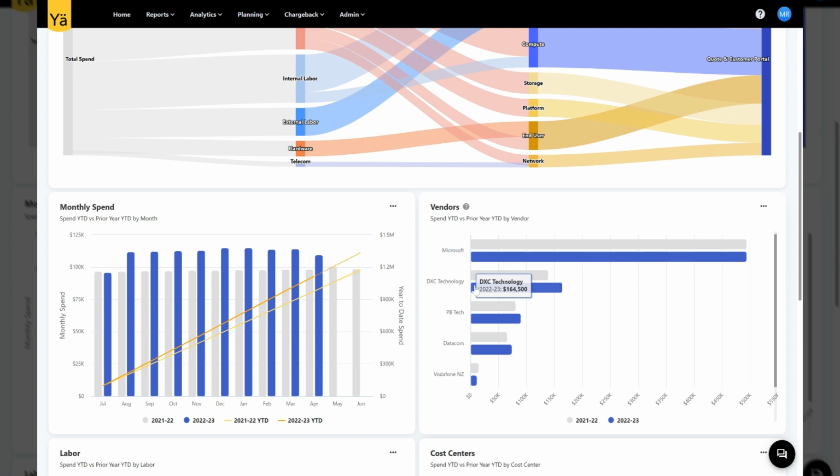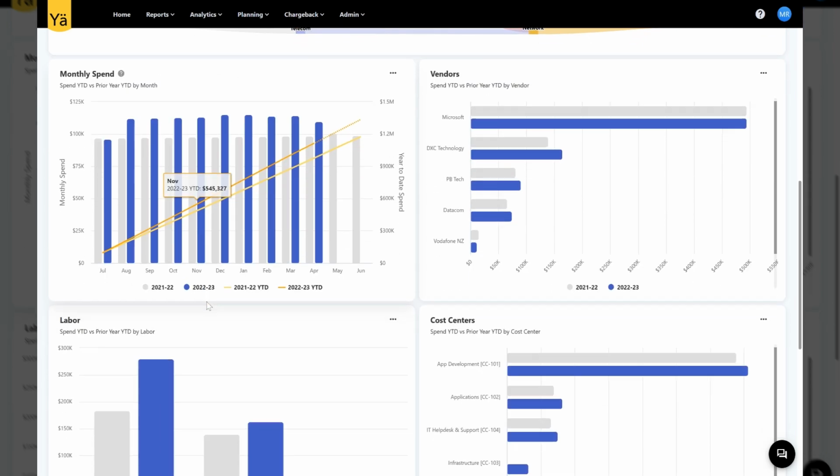I got some external service providers helping me out. I bought some hardware from PP Tech, and I have another local service provider helping me. And because we're located in New Zealand, I'm incurring some cost from our Vodafone provider here. And I can see my spend over time, how it's developing, and if we're on the right track.